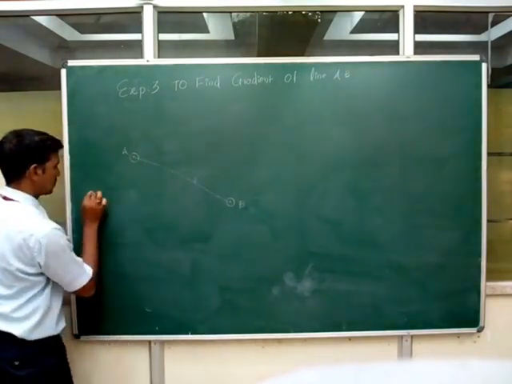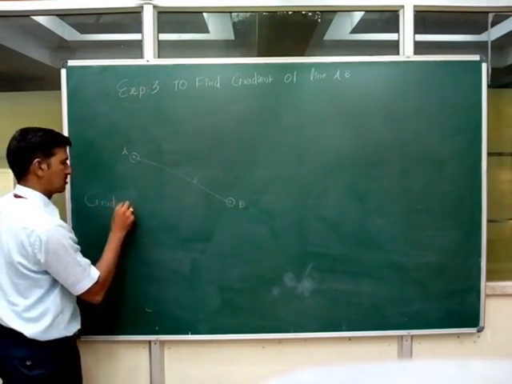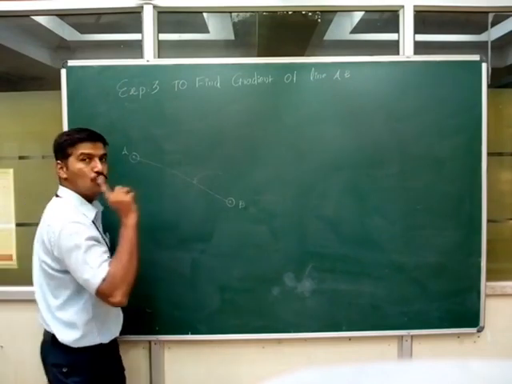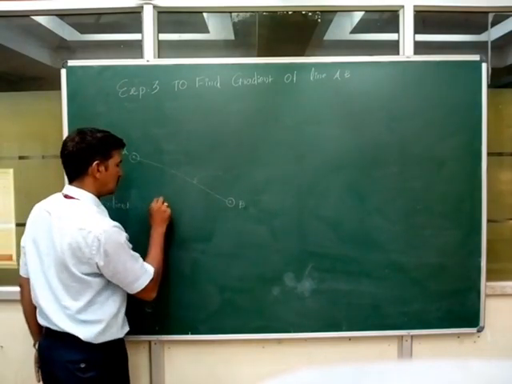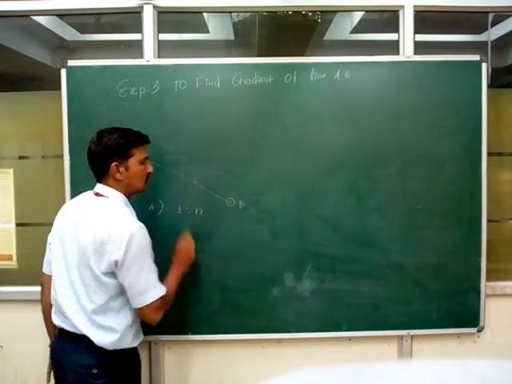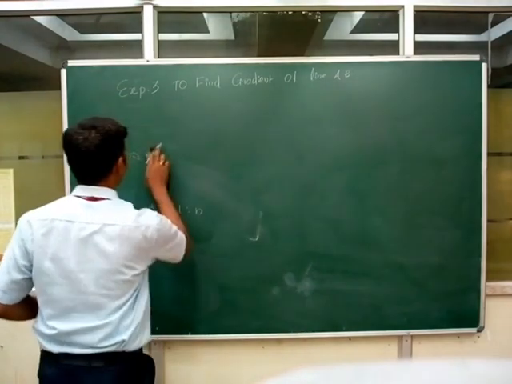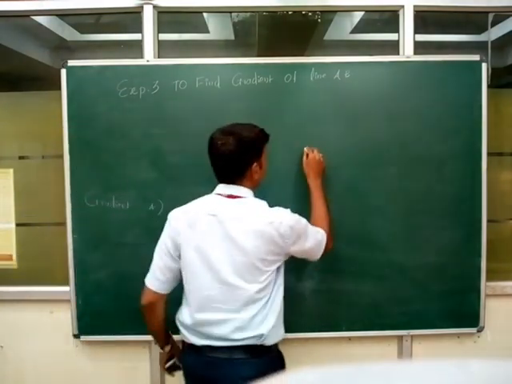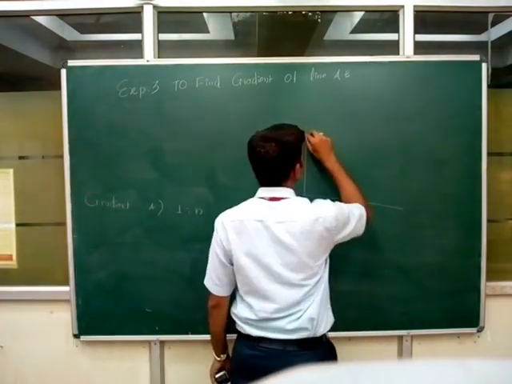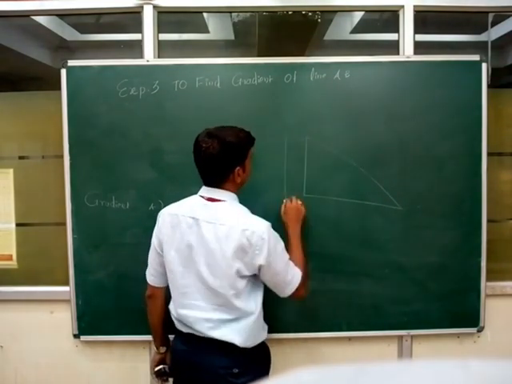Gradient is expressed by two methods. One is 1 as to n, where 1 is your vertical unit.